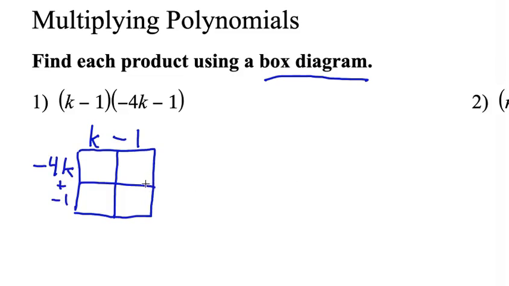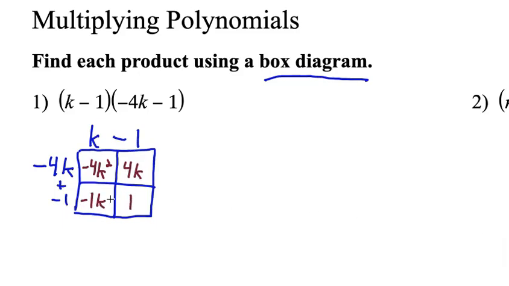All right, let's get started multiplying. Negative 4k times k is negative 4k squared. Negative 4k times negative 1 is positive 4k. Negative 1 times k is negative 1k. And finally, negative 1 times negative 1 equals positive 1.